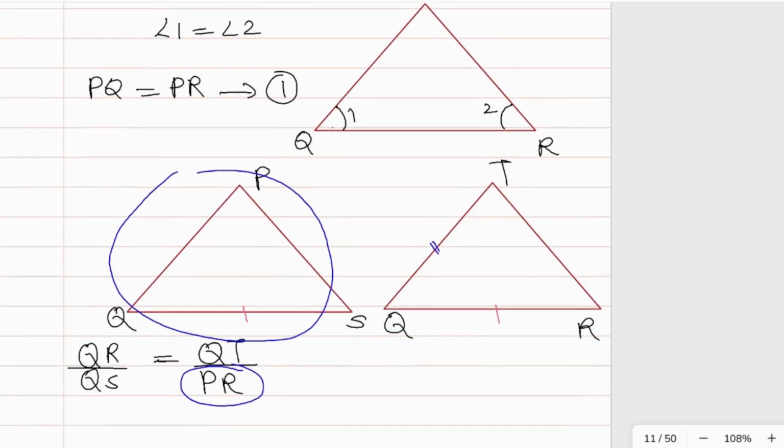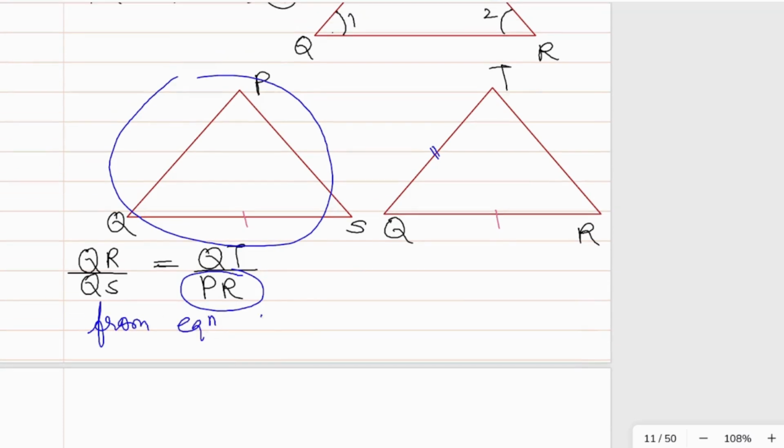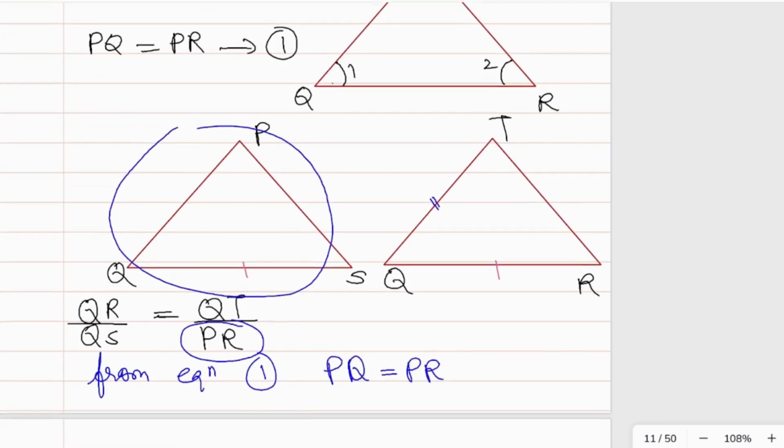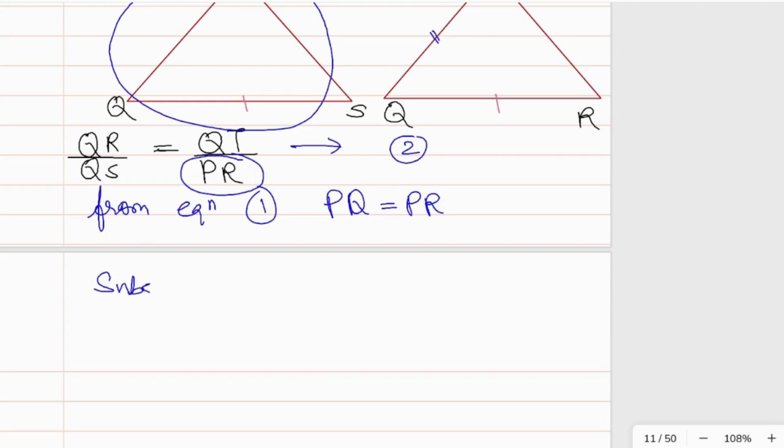Now look at equation number 1. From equation 1, what is our equation telling? It says that PQ equals PR. So let this be equation number 2 and this is equation number 1. Substitute equation 1 in equation 2.